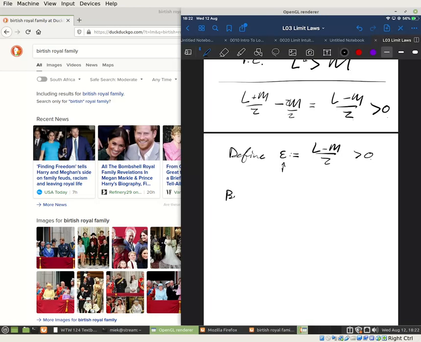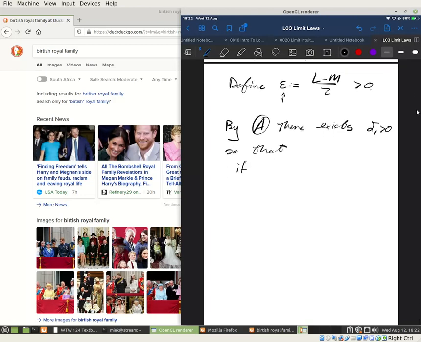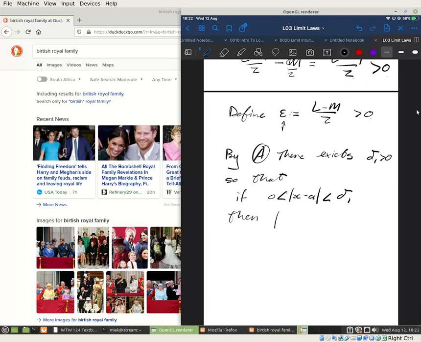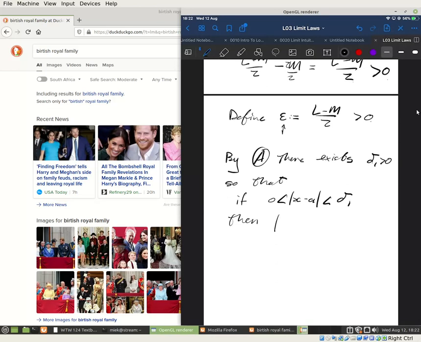So buy A. There exists a delta, let's call it delta 1, greater than 0, so that if 0 less than the absolute value of x minus a less than delta 1, then, using shop A, the absolute value of f of x minus L is strictly less than epsilon, which we define to be L minus m over 2.